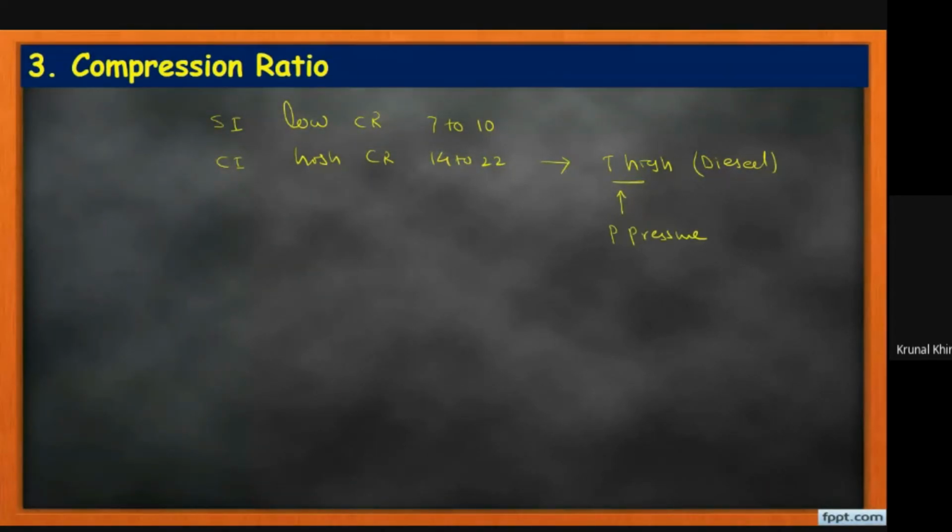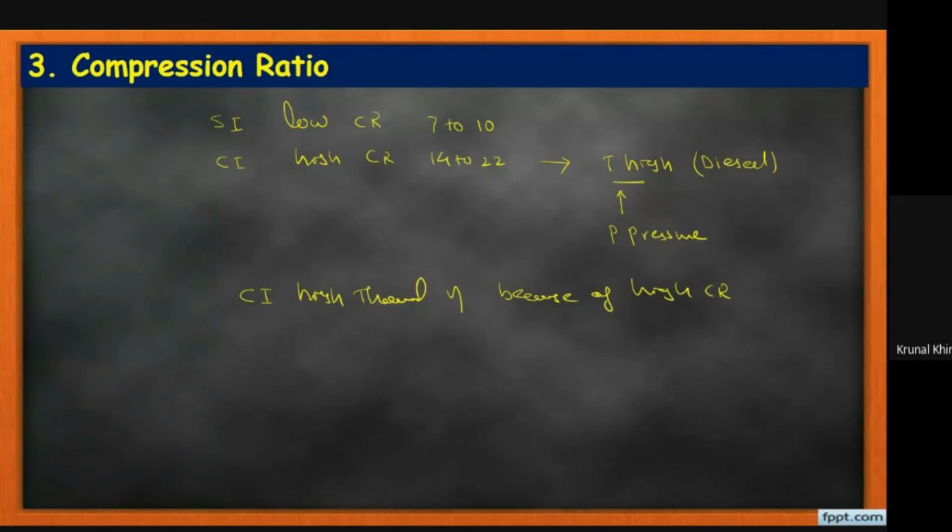That's why the compression ratio in the diesel engine is higher compared to petrol engines. We can also write the conclusion here that the CI engine has a higher thermal efficiency because of the high value of CR, or compression ratio.